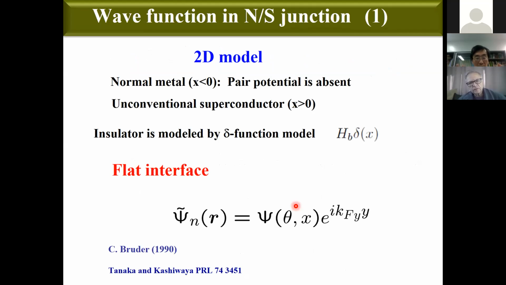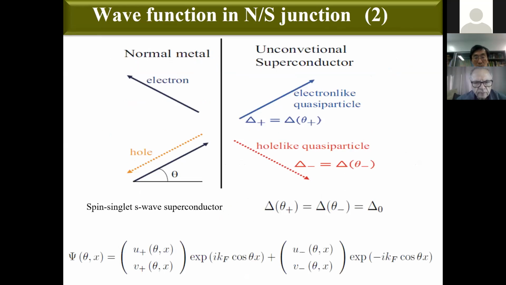So then let's apply this idea to the normal metal, unconventional superconductor junction, originally done by Tanaka and Kashiwaya. The insulator is modeled by a delta function potential, and we assume a flat interface. So then let's do this calculation.